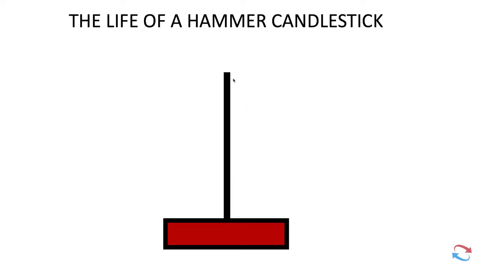This now tells the story that price may want to reverse and continue actually lower on a price chart. And again, depending on where you see this candlestick, it is a strong indication of a reversal.